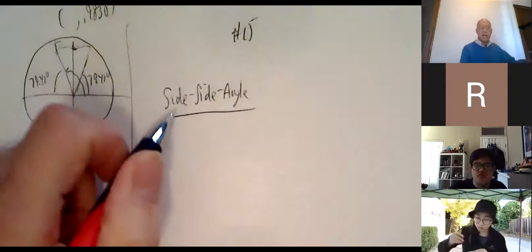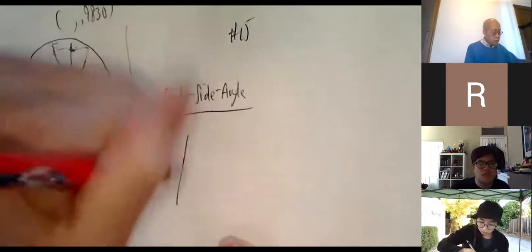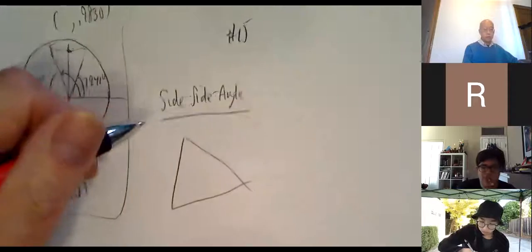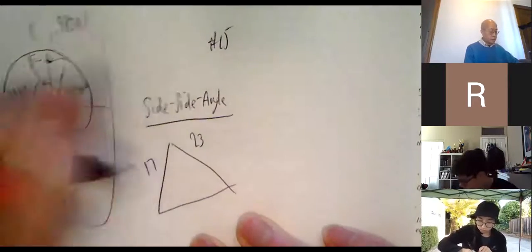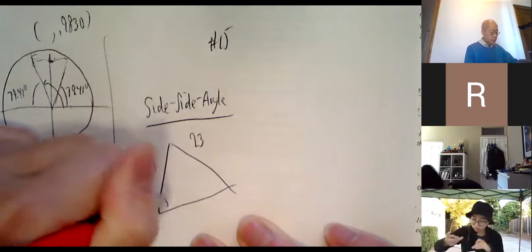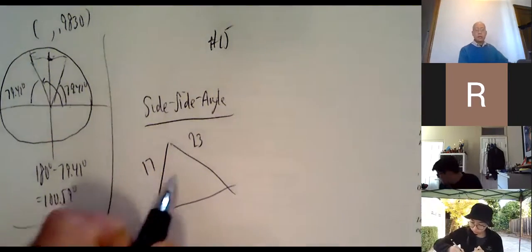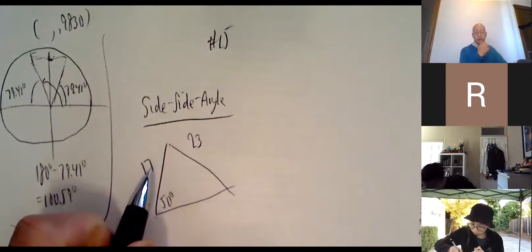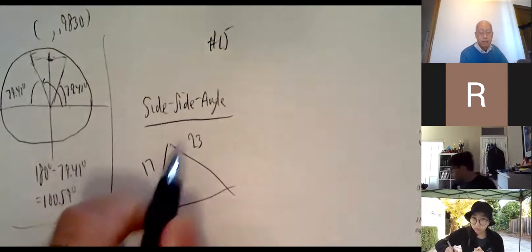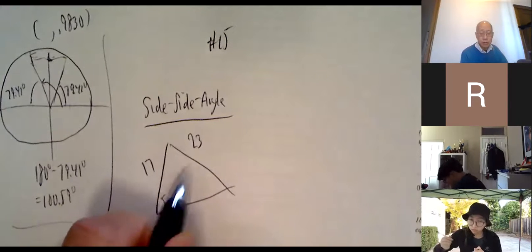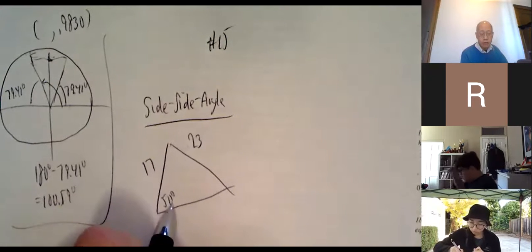If you have a side-side angle combination, so let me show you something like this. Side, side and angle. From your high school geometry, there is no side-side angle congruence. That's where you might have to look for a second triangle, side-side angle.